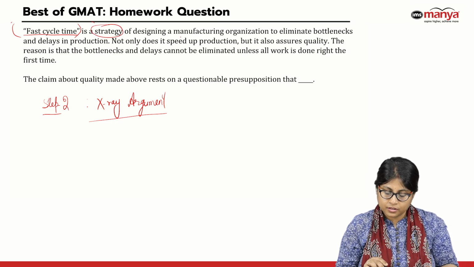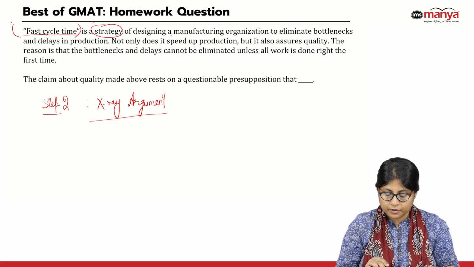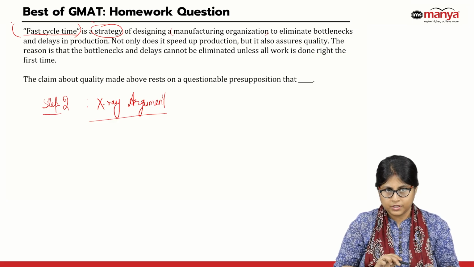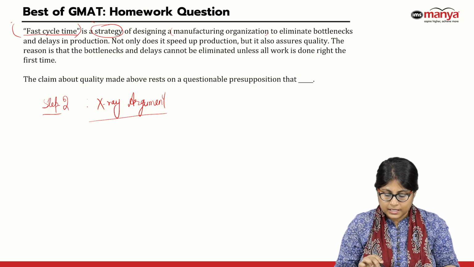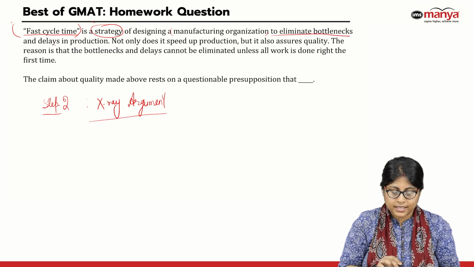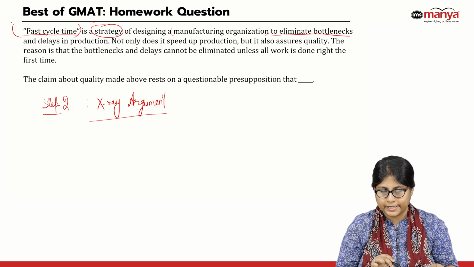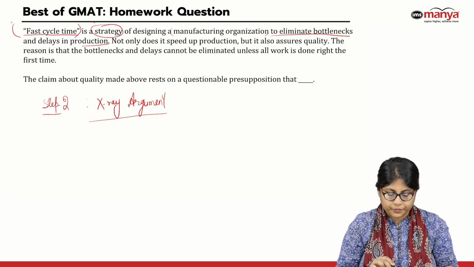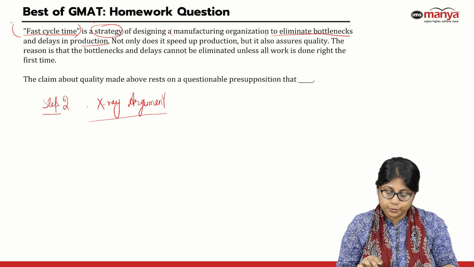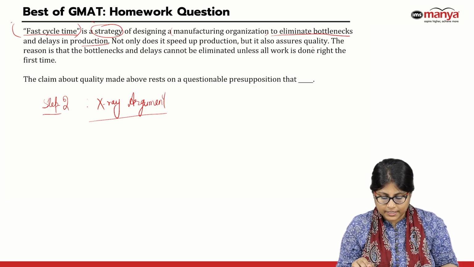This plan of action is presented whenever we are trying to design a manufacturing organization. And this strategy is to eliminate bottlenecks and delays, basically long delays in production. Not only does it speed up production, but it also ensures quality.